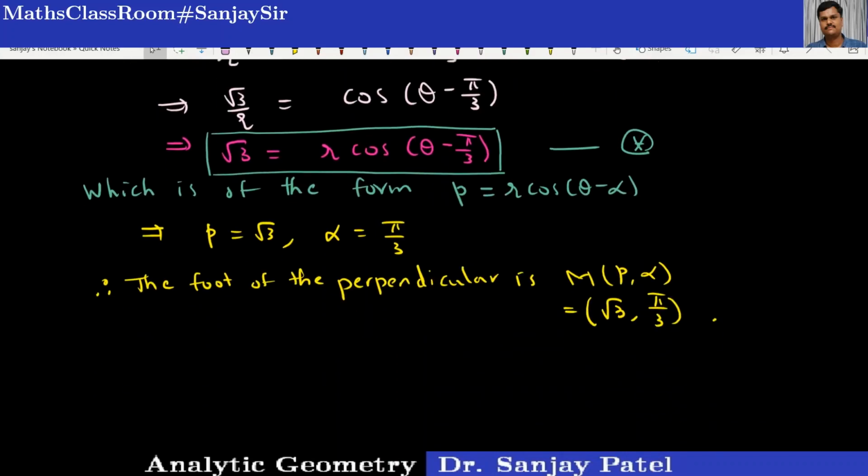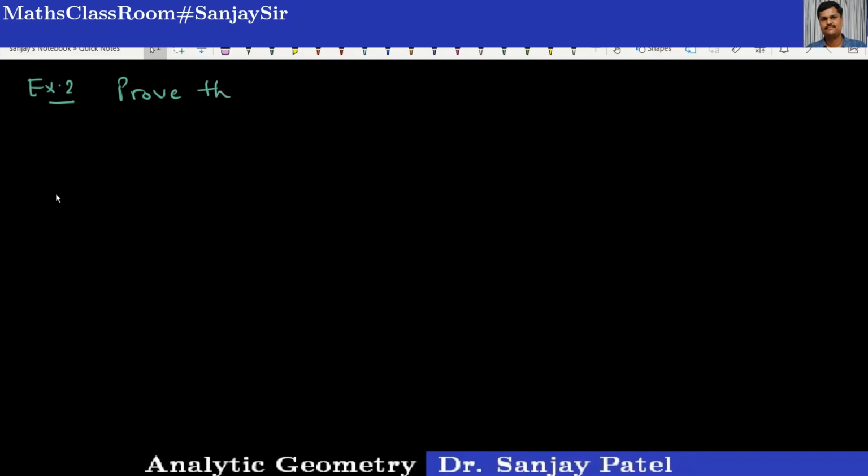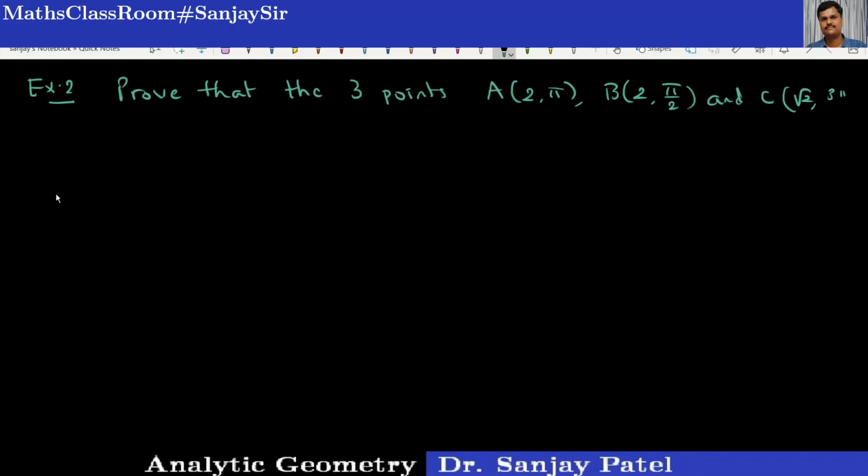Let us solve the next problem. Say example number 2. Prove that the 3 points capital A into bracket 2 comma pi, B 2 comma pi by 2 and C root 2 comma 3 pi by 4.